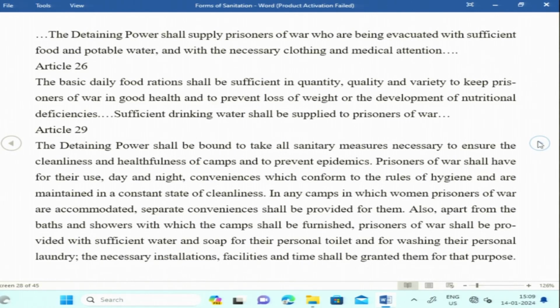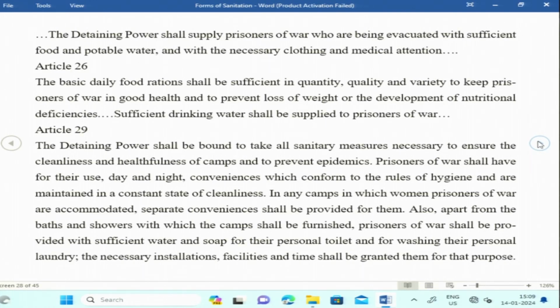I think there also the prisoners of war are legally given certain provisions, whereby the condition of their health should not be compromised. And then Article 29 speaks about all sanitary measures necessary to ensure the cleanliness and healthfulness of the camps and to prevent epidemics, and the prisoners of war shall have for their daily use all the rules of hygiene and whatever they need for cleanliness.